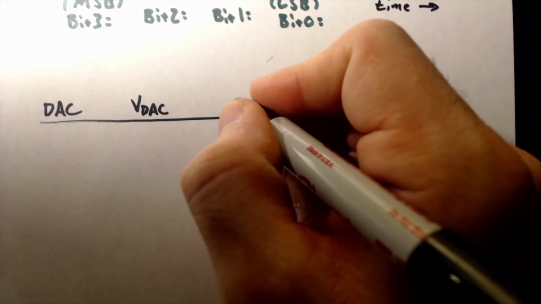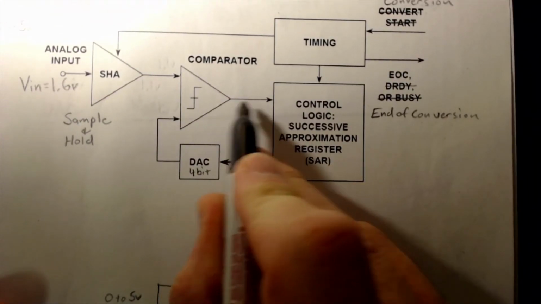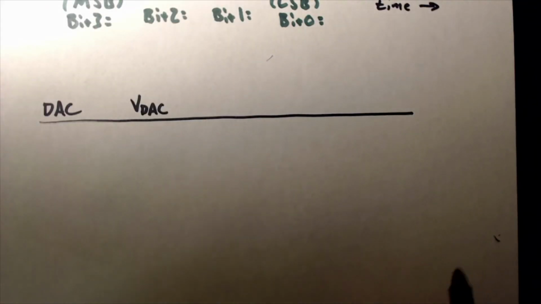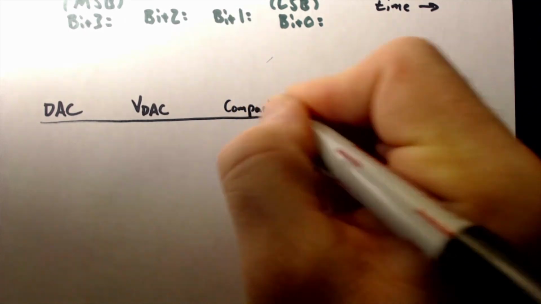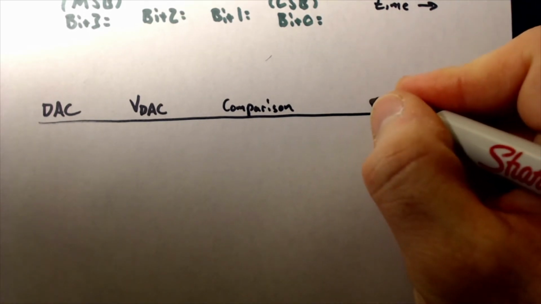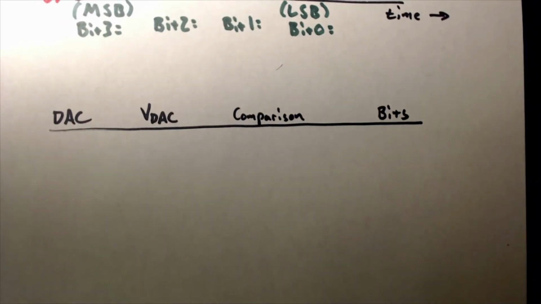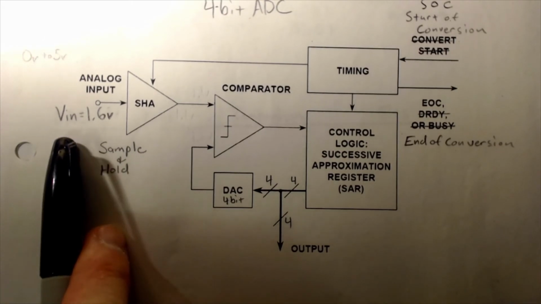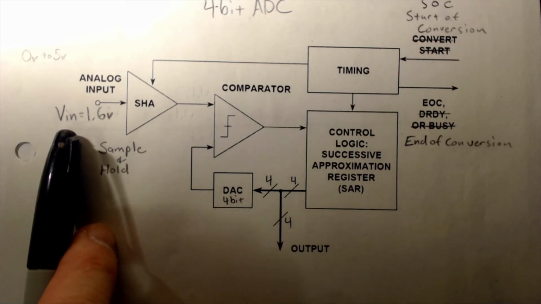We're going to look at that comparison, so the output from this comparator, and we'll see what our bits are. Just to reiterate, we have a voltage input and we're trying to find the digital equivalent to this voltage input.